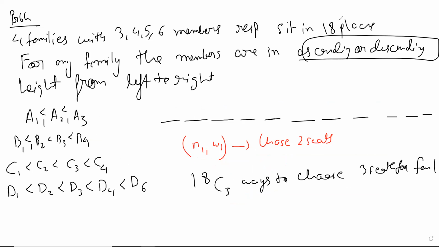Now you're allowed to go ascending or descending. You can start with the shortest member, or do the reverse.